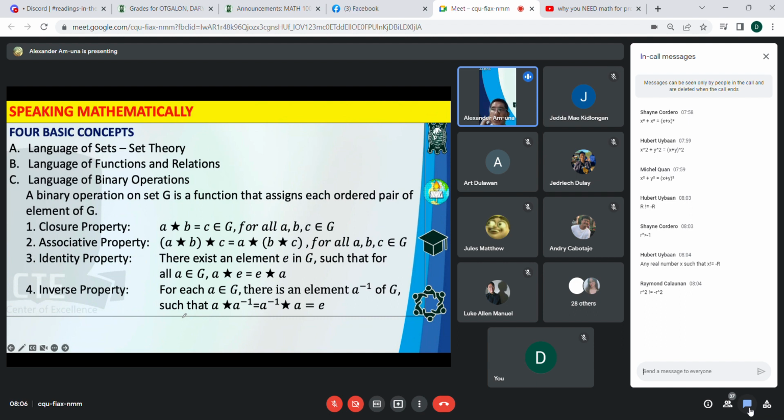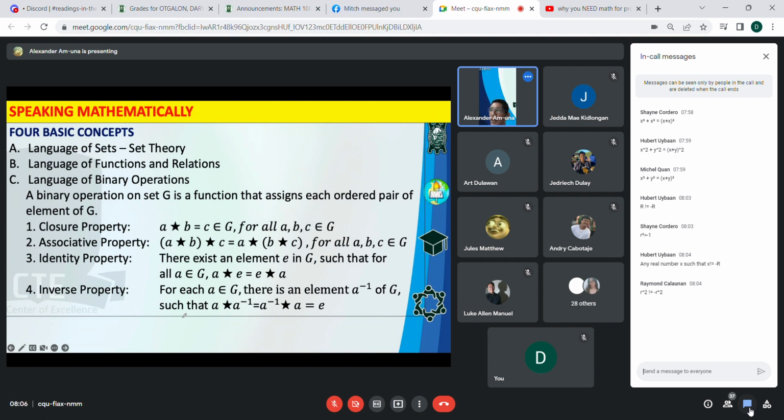Okay. So, in the mathematical language, there are 4 basic concepts actually. The one of which is the set theory, and we are already finished with that. Intentionally, I started with that because it will be easier for you to understand the set of numbers.